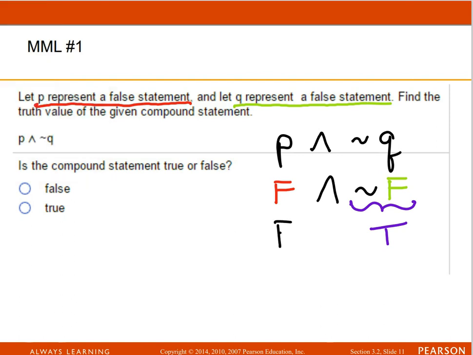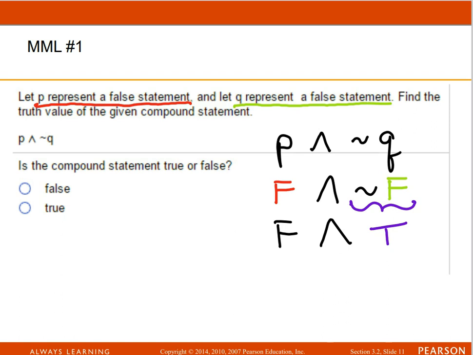So now what I have is false and true. Now I have to remember back to the conjunction, which means and. The only time you'll get a true result is if they're both true, because it has to be true and true to get a true.